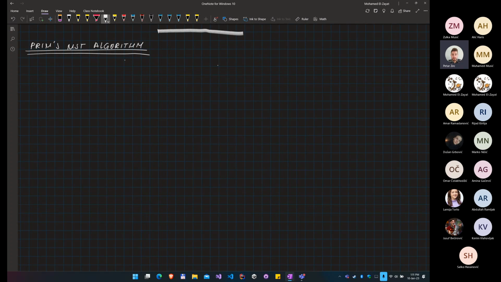If I give you a graph that looks like this, so let's say 1, 2, 3, 4, 5, 6, 7, and then I'll connect this one here, connect this one here, connect this one here.